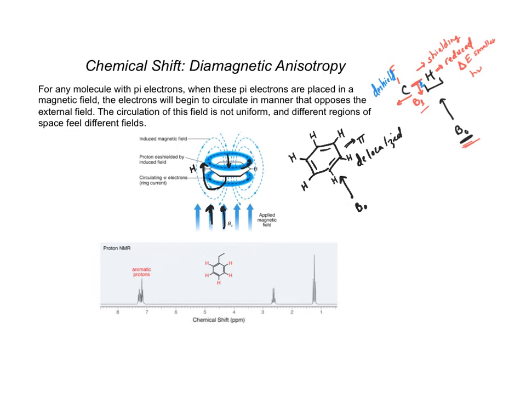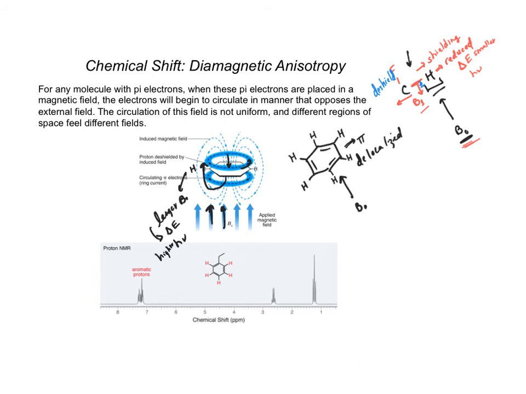So it's a similar concept, but the rationale behind where we see these signals is slightly different. Here, we're actually adding to the external magnetic field, whereas when we talk about deshielding, we're just removing the impediment from the external magnetic field, okay? Now again, the overall outcome is the same though. If we feel a larger magnetic field, then we're going to have a larger energy difference, and we're going to absorb light at a higher frequency.